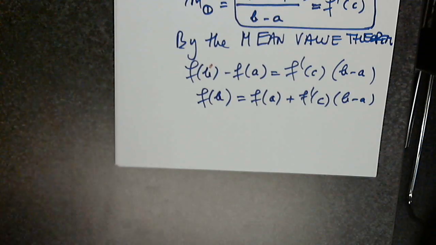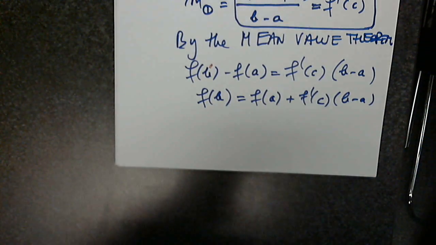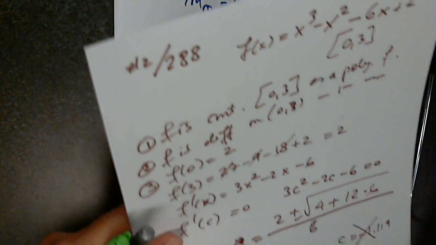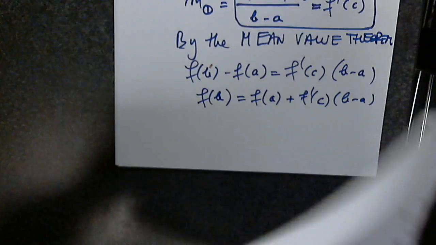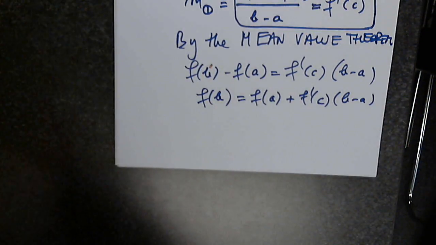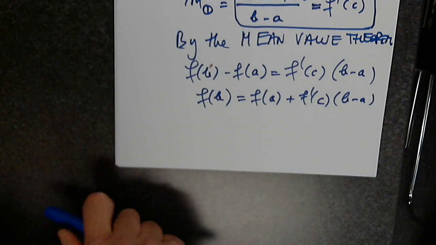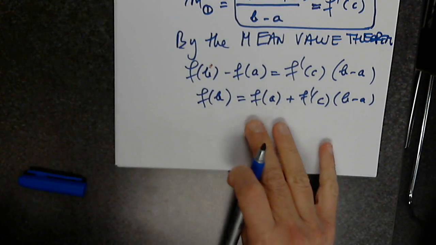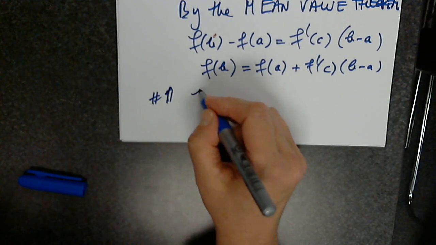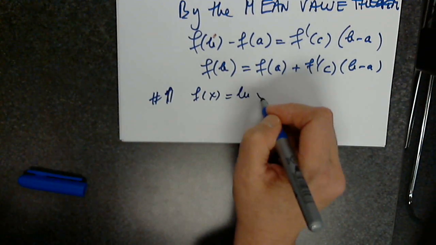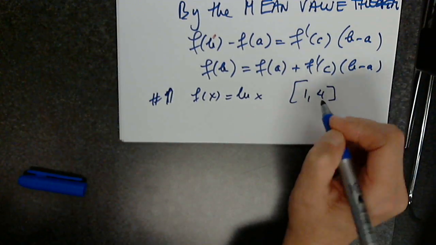Okay, so now, I copied 11 by mistake, and let's go back to 11. When was it? Like half an hour ago? Okay, here it is. So in number 11, we are given f of x, which is natural log x, and the interval 1, 4.